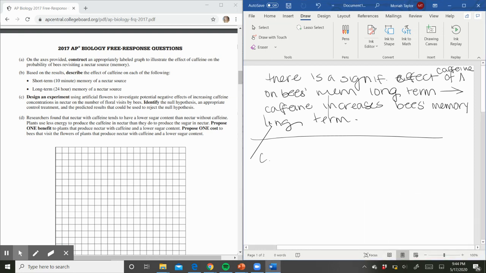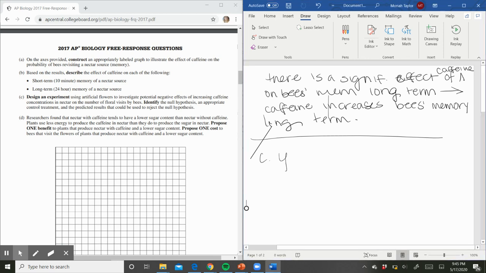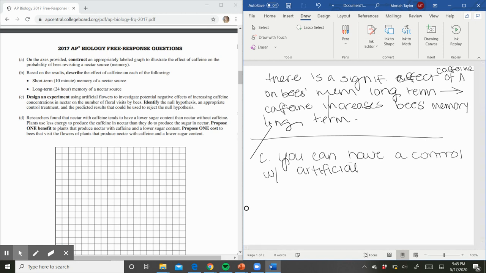you might say that you can have a control that has the artificial flowers with no caffeine.